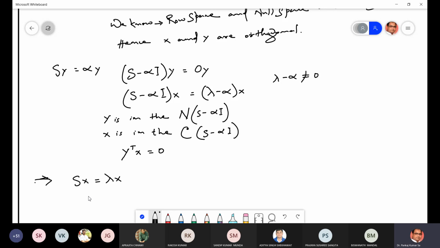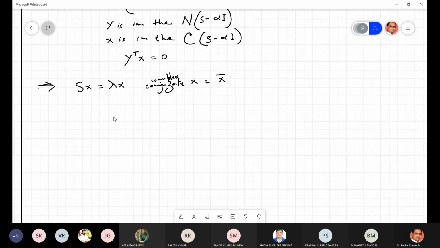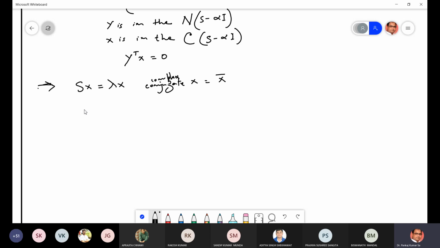So what you do here is find the complex conjugate of x, x bar, and its transpose, x bar transpose. You pre-multiply with this: x bar transpose S x is equal to x bar transpose lambda x.